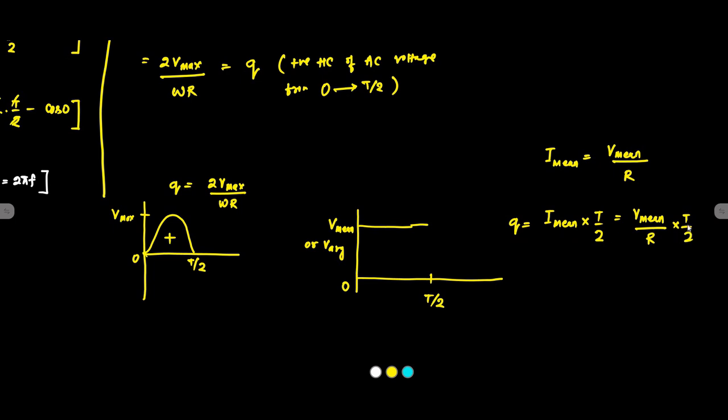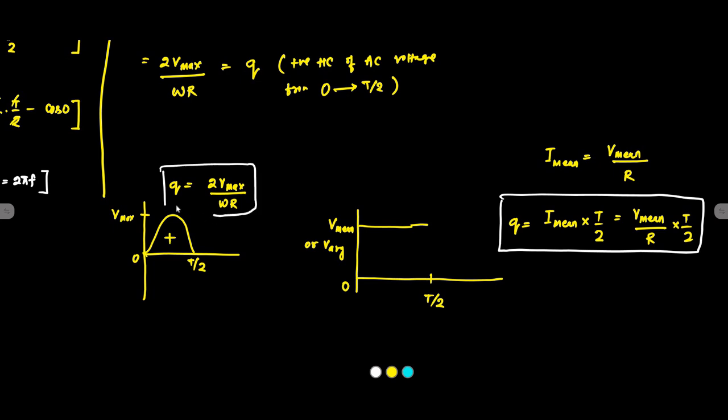By definition, this value and this value, 2 V max by omega R, should be the same.